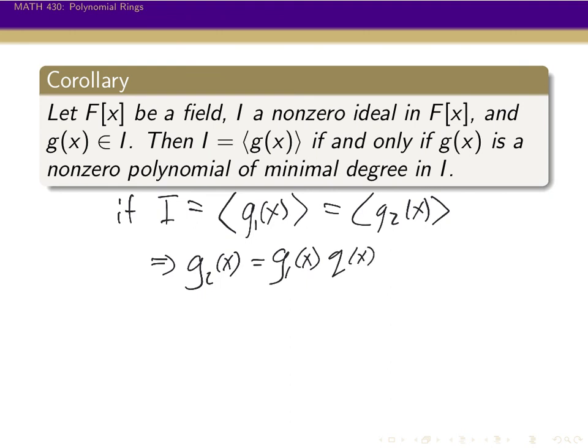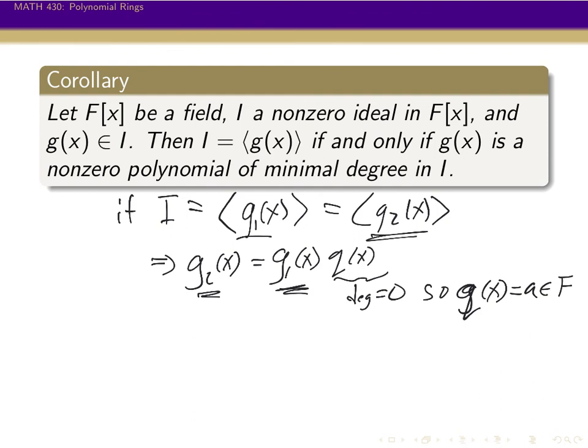But since g2 and g1 have the same degree, the degree of this has to equal 0. So q(x) is equal to some a in the field. And so any of these polynomials that generate the ideal are just going to be another one times some unit, times some element of the field.